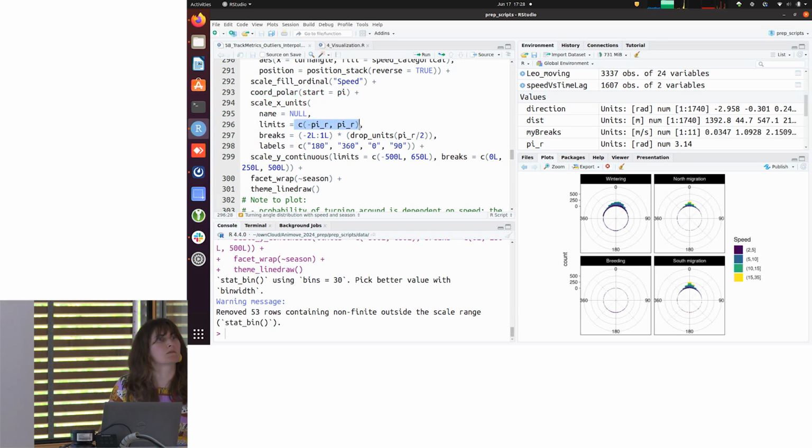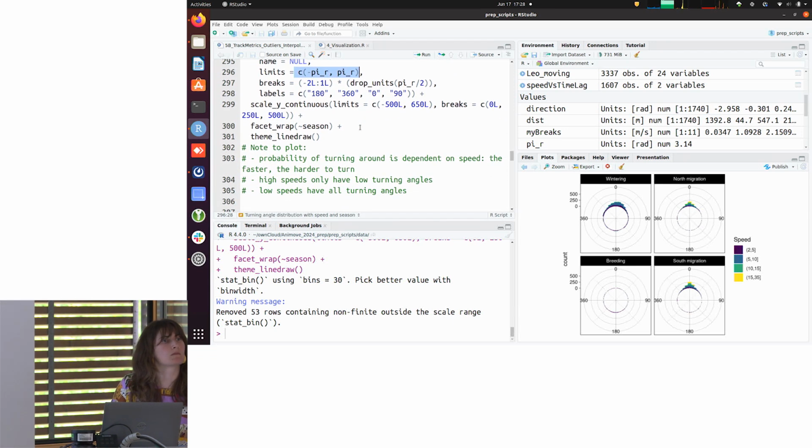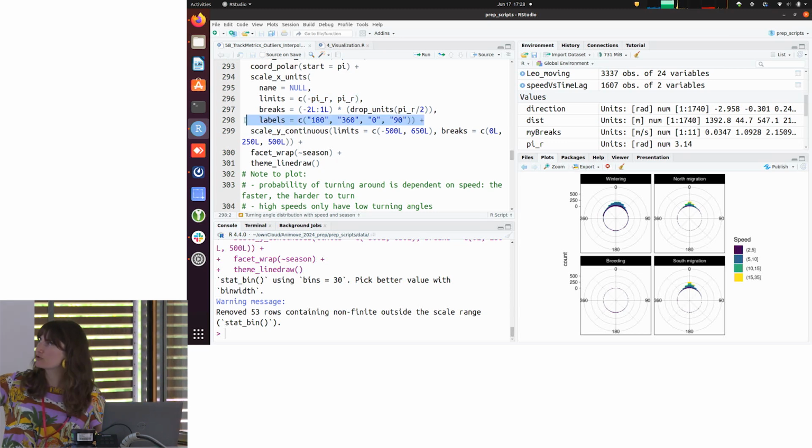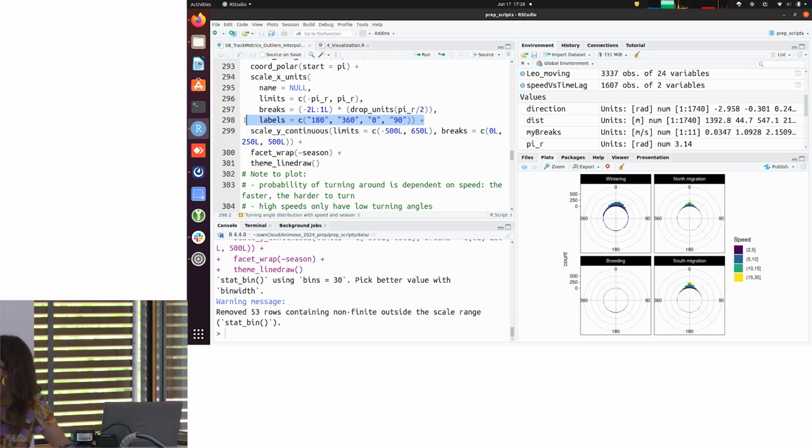Sorry, just to understand if I understood correctly, the 360 is just a label that should be minus 90? No. It should be minus pi to pi, and instead we are converting it to 0 to 360 for easier interpretation. But it's just the labels. Yeah, but the 360 and 0, are they not overlapping?